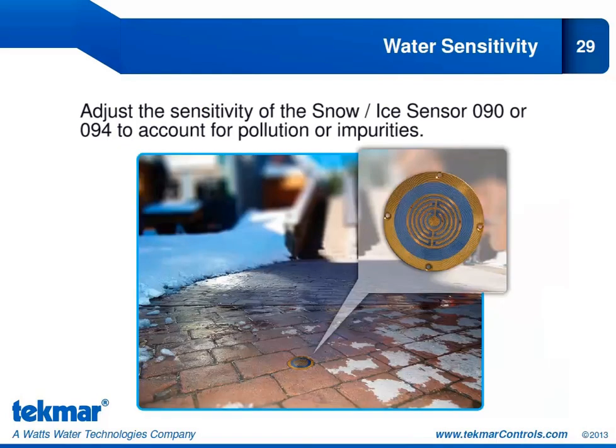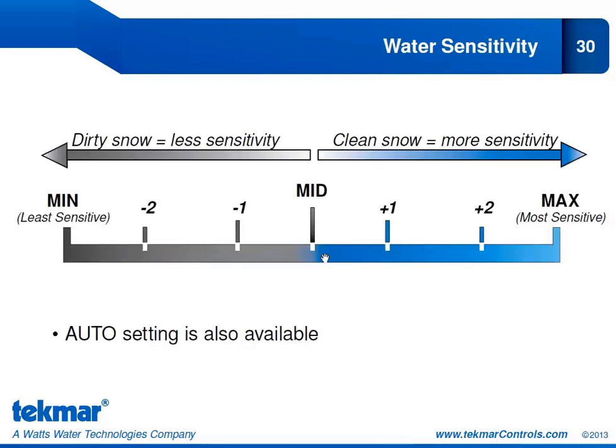You will also customize the water sensitivity if you're using the 090 or 094, and that would be to account for pollution or impurities. So you can see there are 7 separate manual sensitivity settings that you can select. And you can also choose the auto setting. And in the auto setting, the control will automatically adjust the sensitivity used to detect moisture.